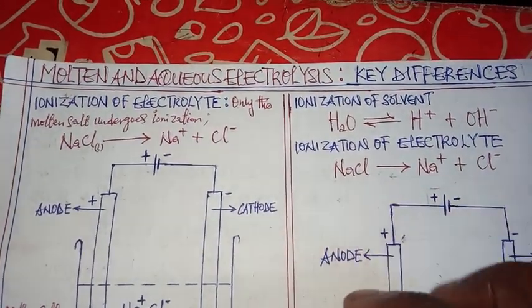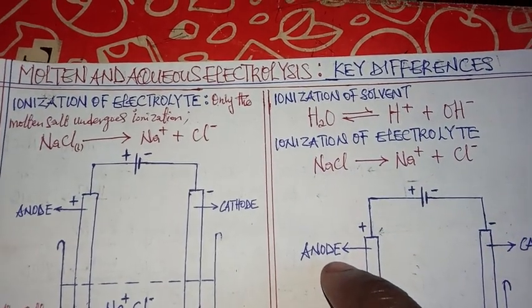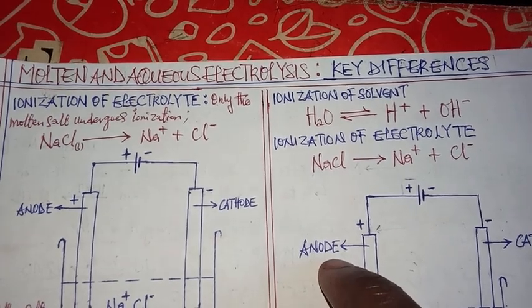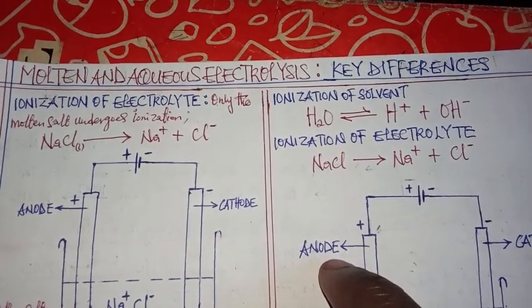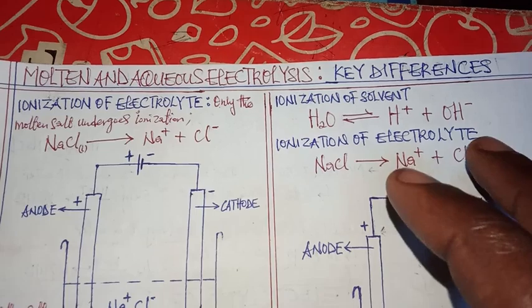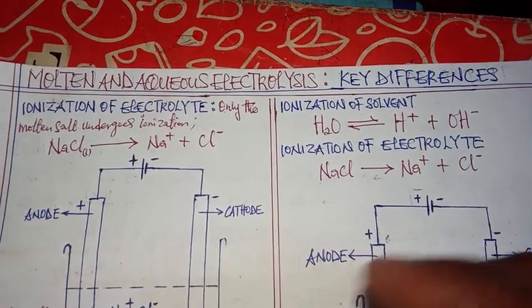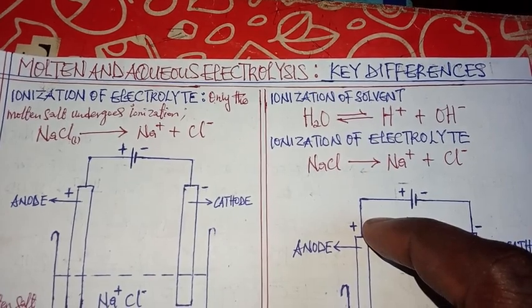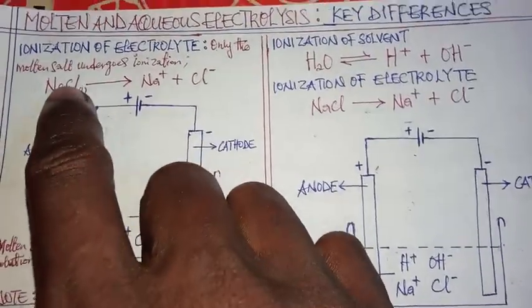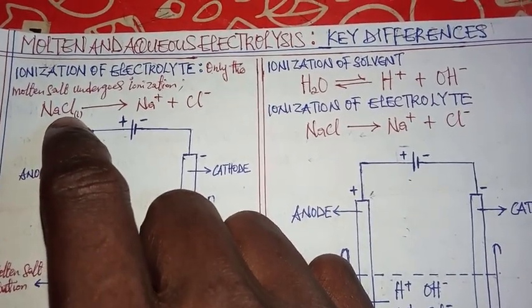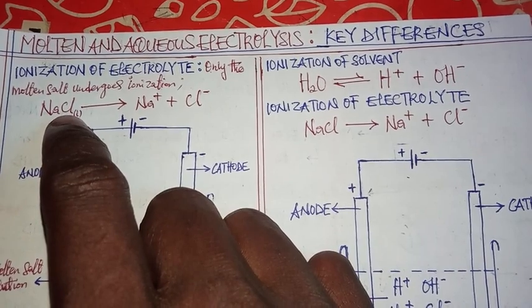Now, as I told you earlier, to perform electrolysis, you need to convert the compound you want to separate or decompose from solid to liquid. And we said that when we are converting this compound, take for instance sodium chloride, from solid to liquid, we can do it by heating it in the absence of water.